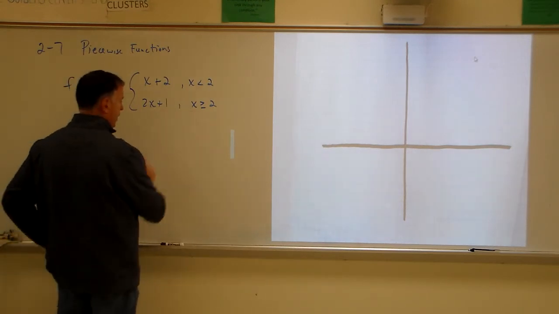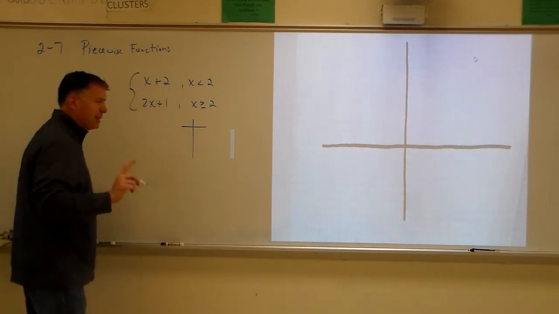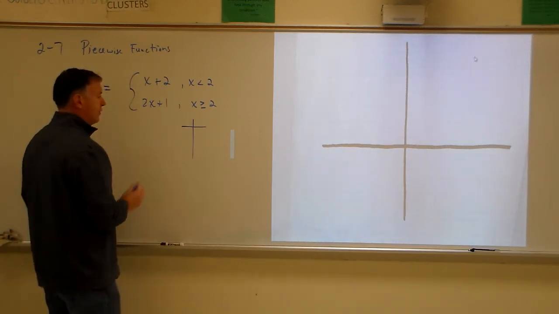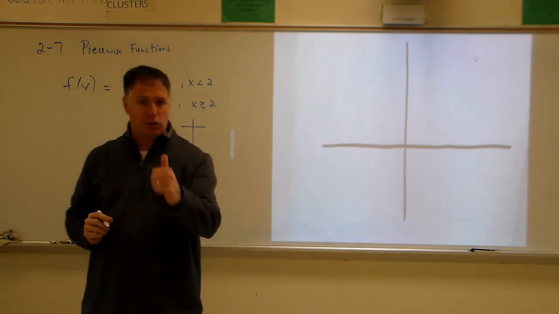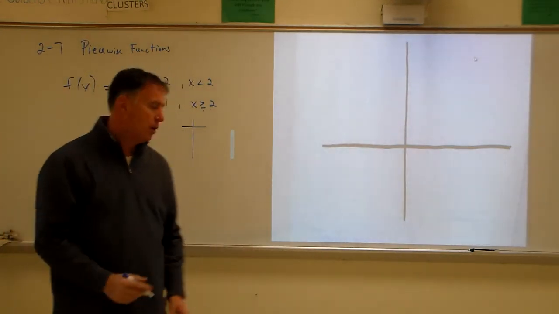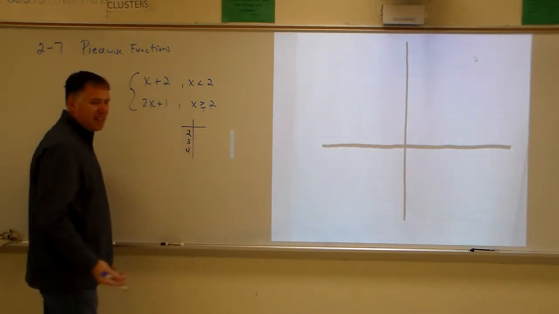So I'm going to do this one first. This one's a little bit easier for you to think of. If they said x is greater than or equal to 2, that means x could be 2, it could be anything bigger than 2. So I'm going to put 2, 3, 4, and that's enough.